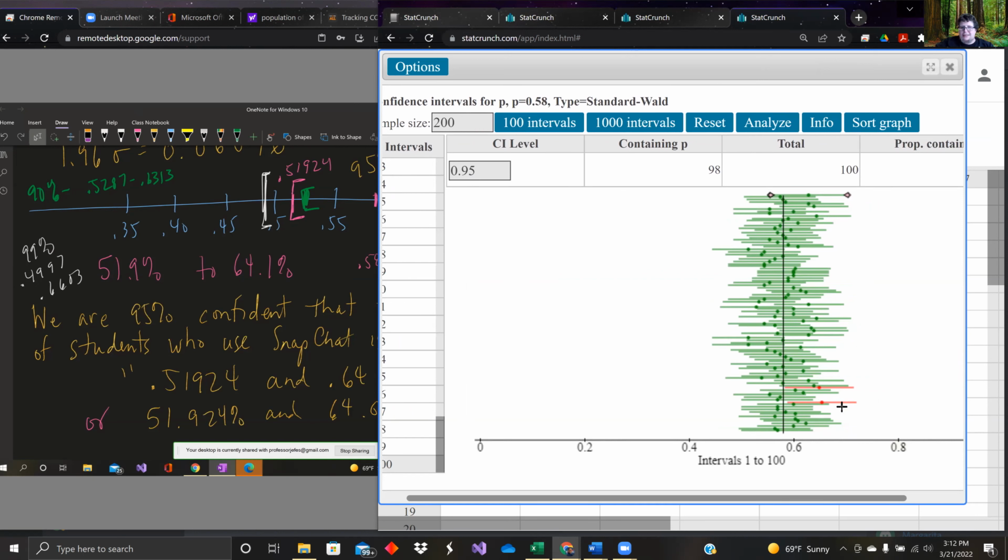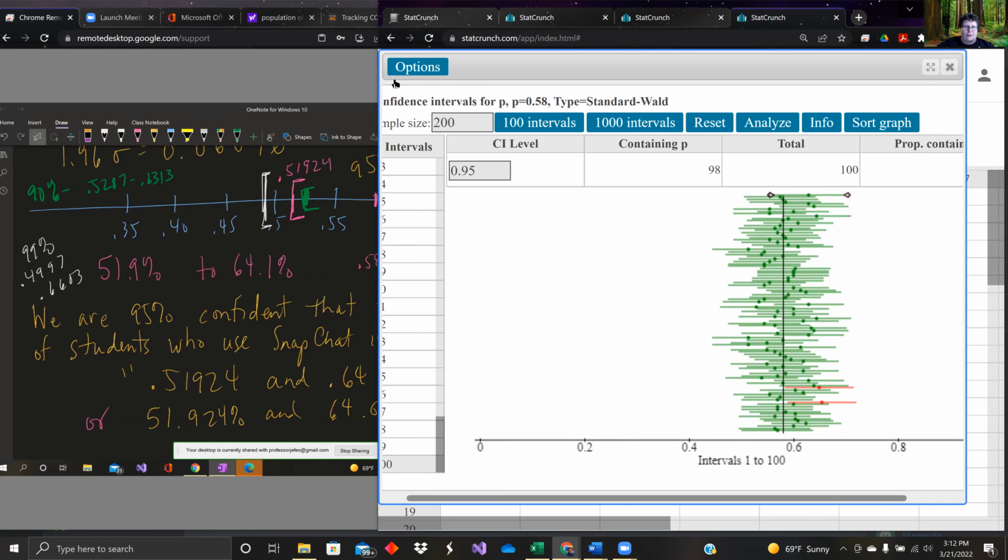Some of these include it. Some of them don't. So if I did a sample, like this was my sample, I didn't include the 0.58. The actual true proportion is a fixed thing. When we say we're 95% confident, we're just saying we're 95% sure that we got the right answer. We don't know if we've got the right answer or not. That's important to know, it's important to know the difference.